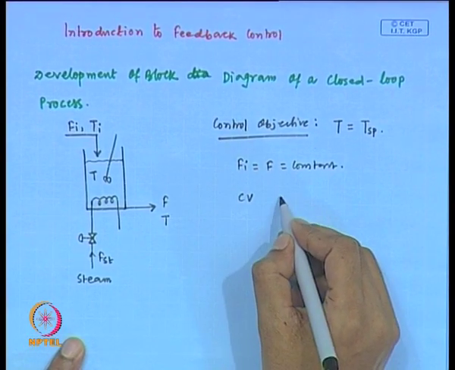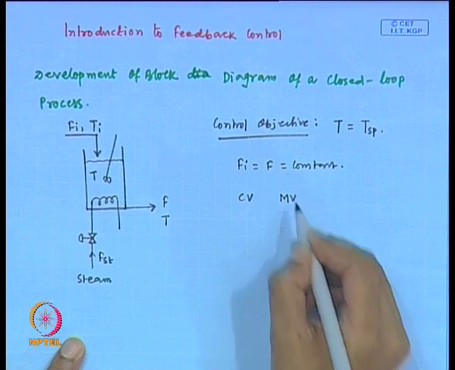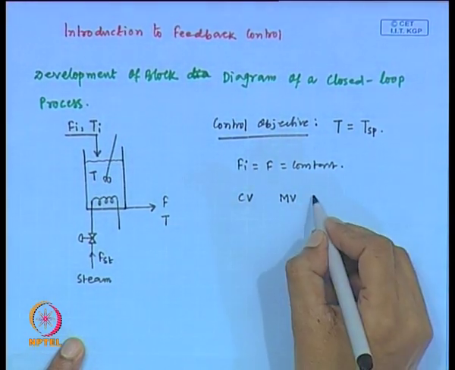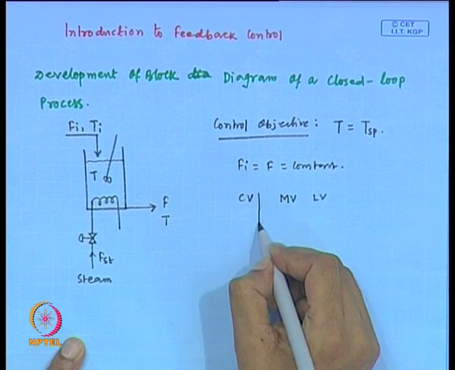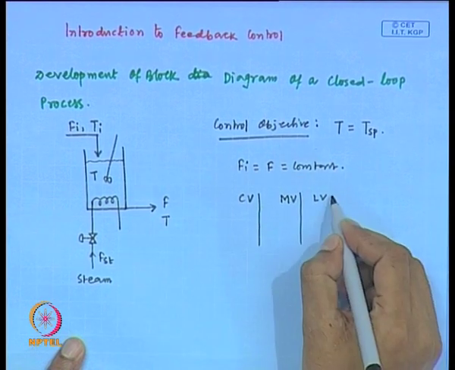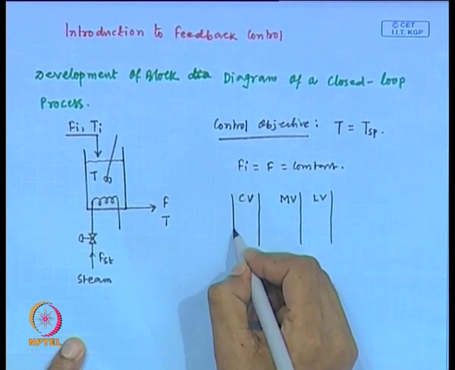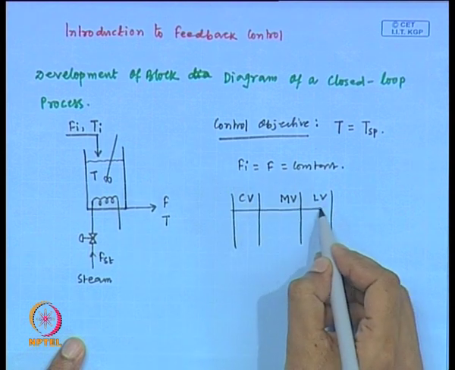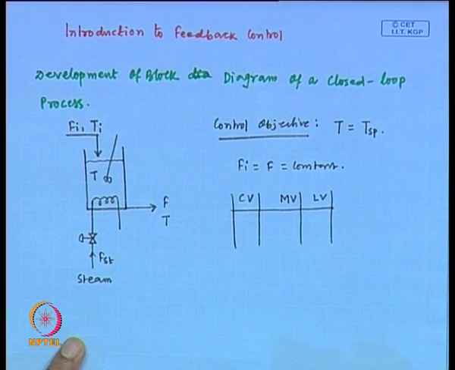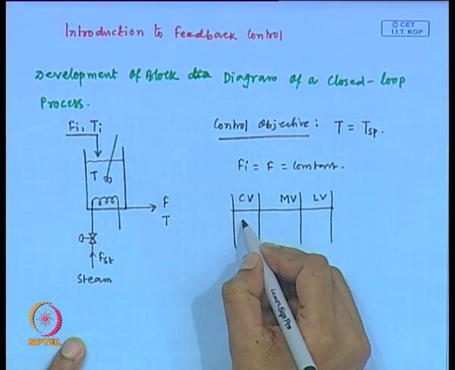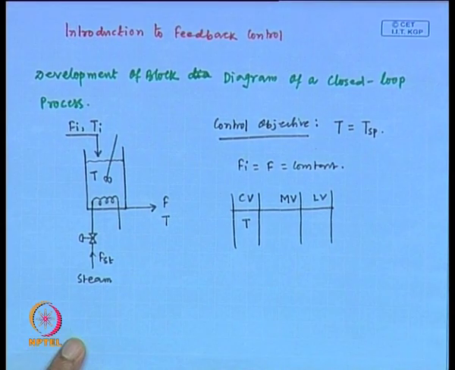So, what is the controlled variable, what is the manipulated variable, and what is the load variable, that we can detect now. Control variable is temperature. What is the manipulated variable?